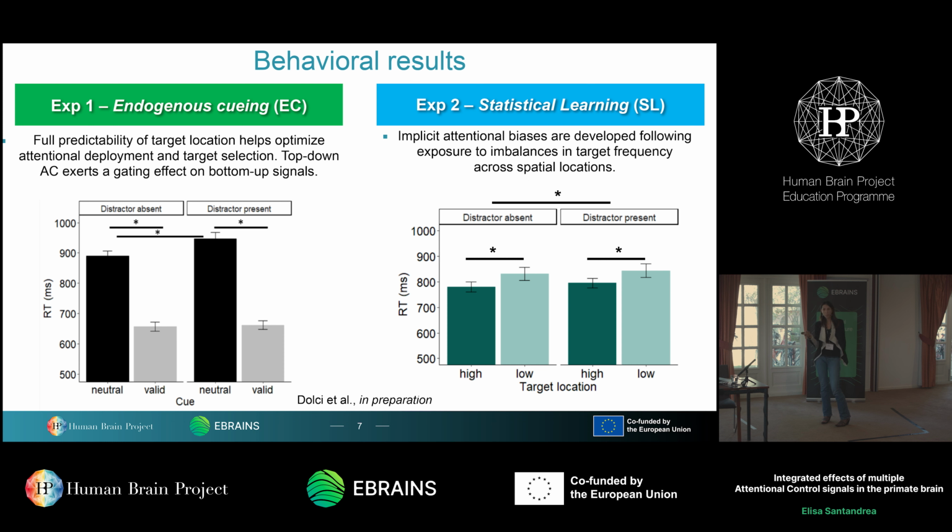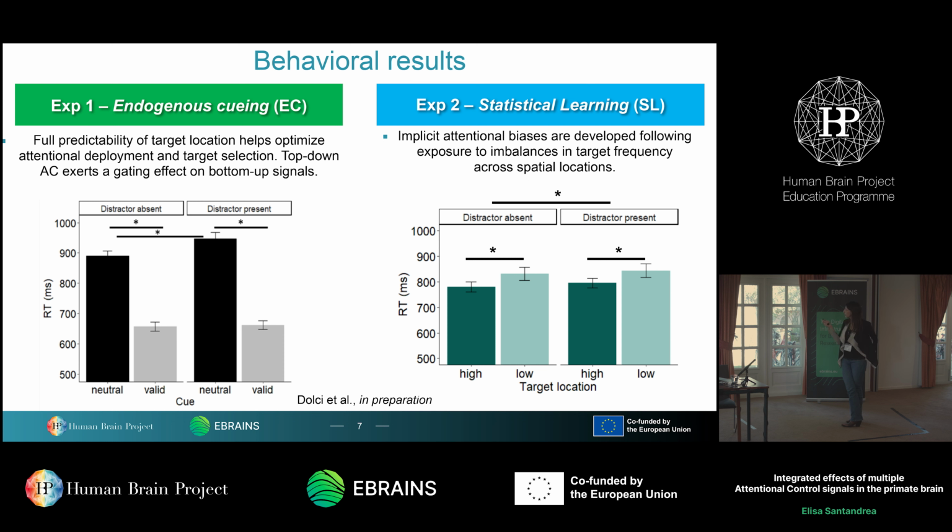In distractor present trials, you can measure a cost of the bottom-up capture of attention by the salient distractor, but this was present only in neutral cued trials and not in valid cued trials, meaning that when the top-down guidance is strong, the bottom-up signal is gated, in a sense, in terms of behavior. And so it doesn't influence attentional control.